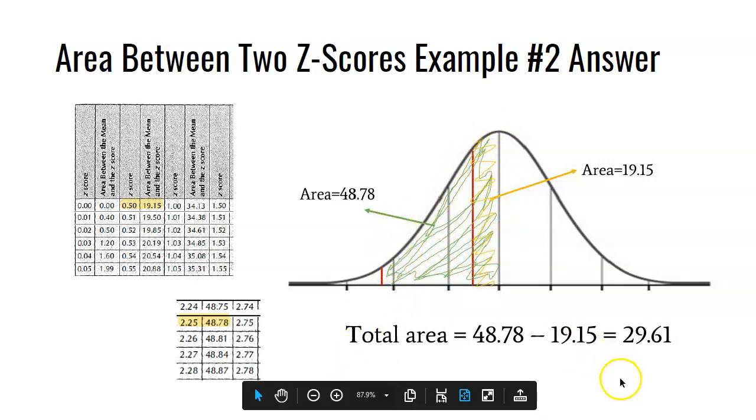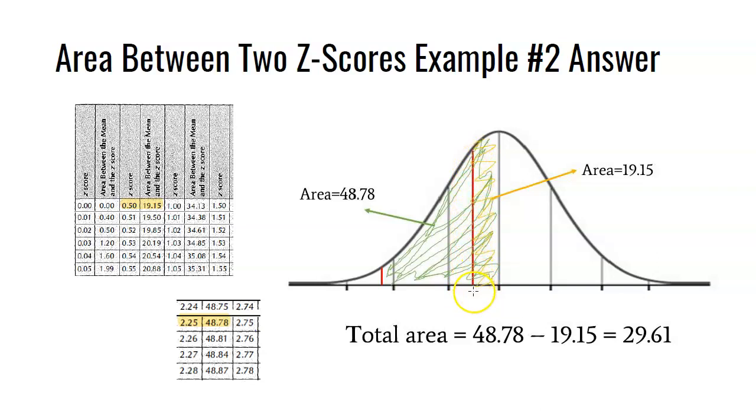The other z-score is also on the left-hand side of the mean, and this is at negative 0.5. Here's negative 1 standard deviation, so this is half of a standard deviation. So this yellow part, we already saw this too, actually, that a z-score of 0.50 has an area of 19.15.